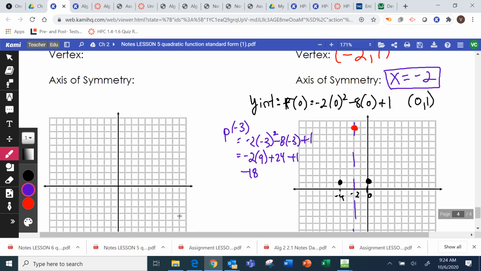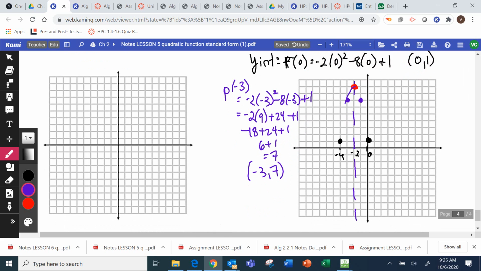Negative 18 plus 24 plus 1. 6 plus 1, 7. So I have negative 3, 7. And once I have that, that means I also have negative 1, 7. And I have at least 5 points, so I can create my parabola.